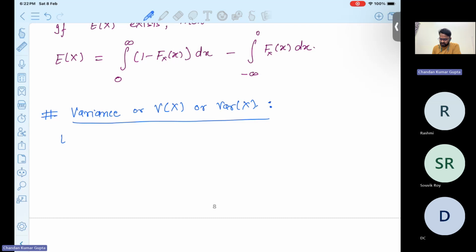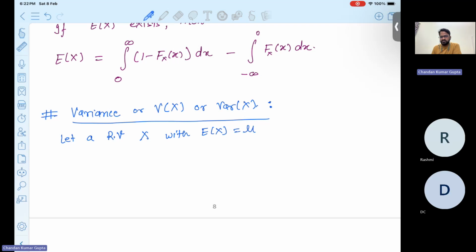Suppose we have a random variable X with expected value, which we usually denote mu, and suppose the first expectation exists.